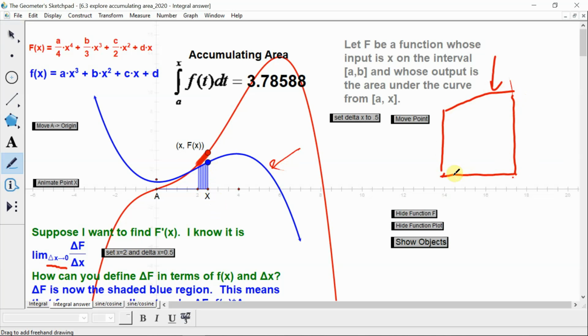But if this delta x goes to 0, doesn't this side approach this side? And if those two sides approach each other, do you recognize that this shape is approaching, if this squeezes together, we are approaching really a rectangle.